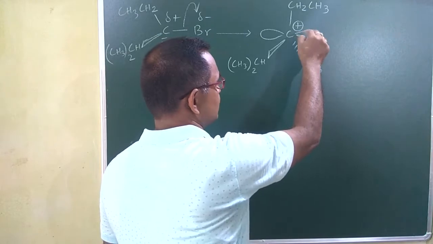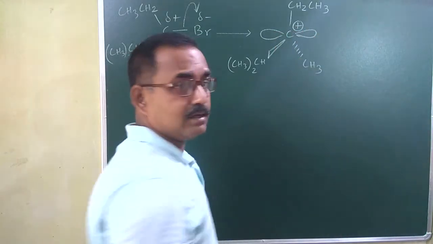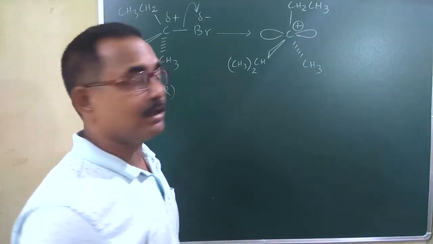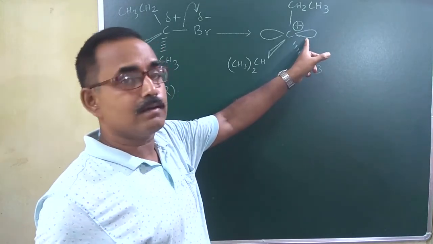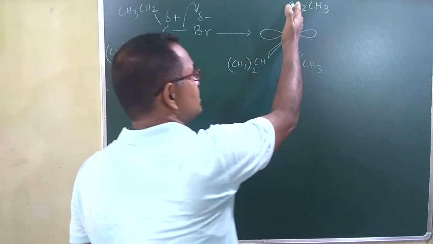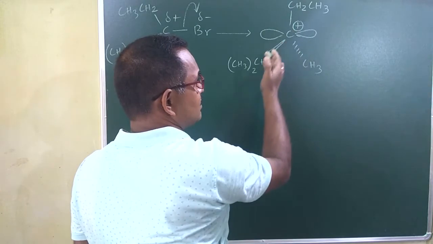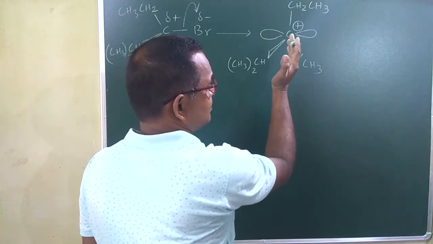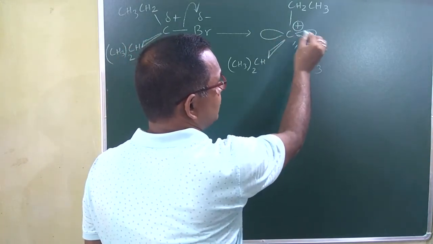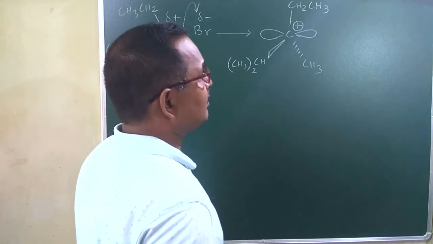What is this? This is a vacant p orbital. In carbocation, we have a vacant p orbital. Now this is the plane in which the groups are placed, and this vacant p orbital lies perpendicular to that plane.